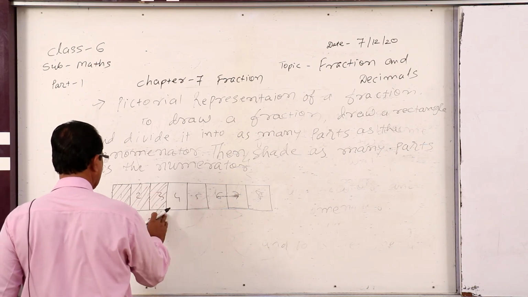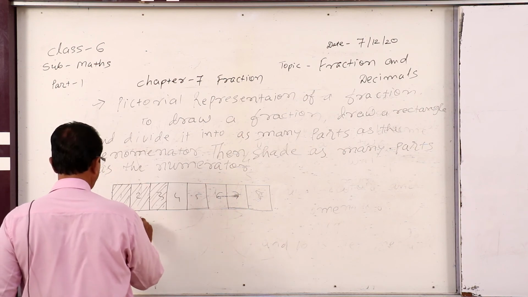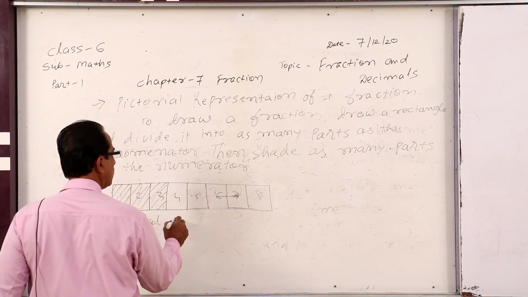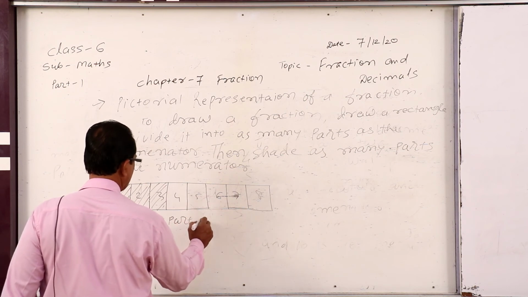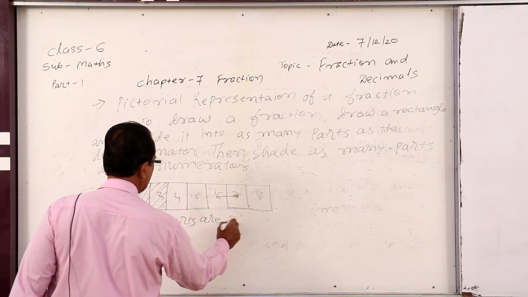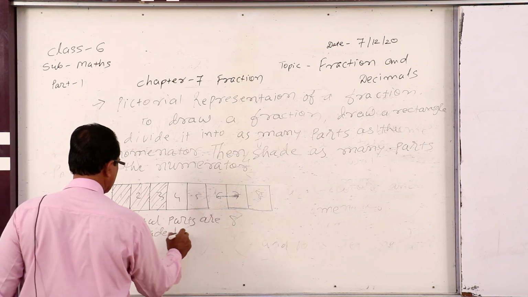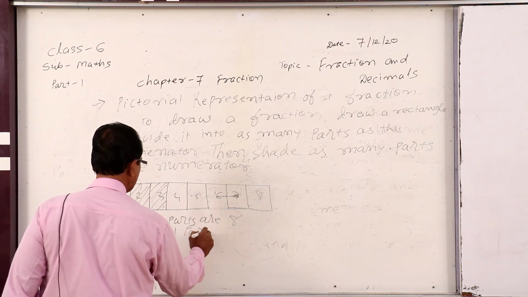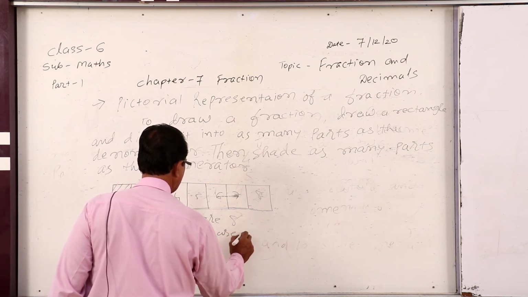So total parts are 8, shaded parts are 3.